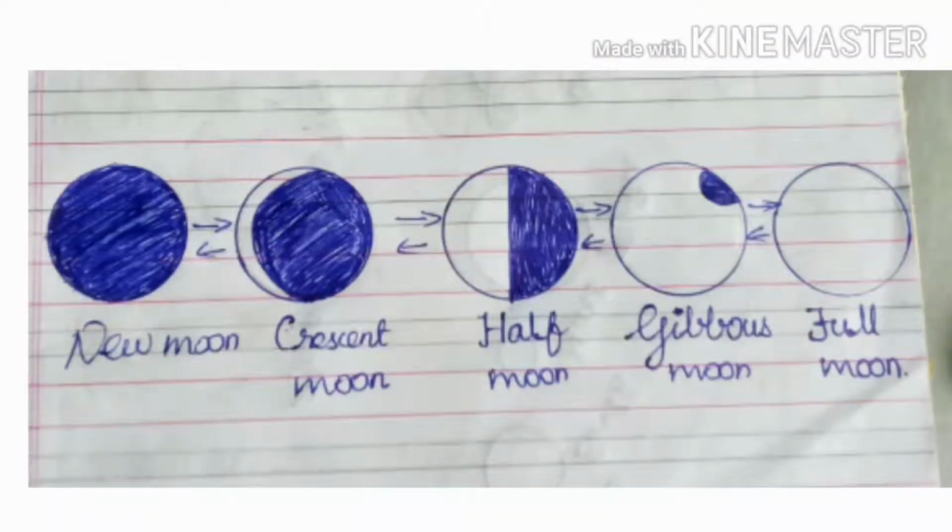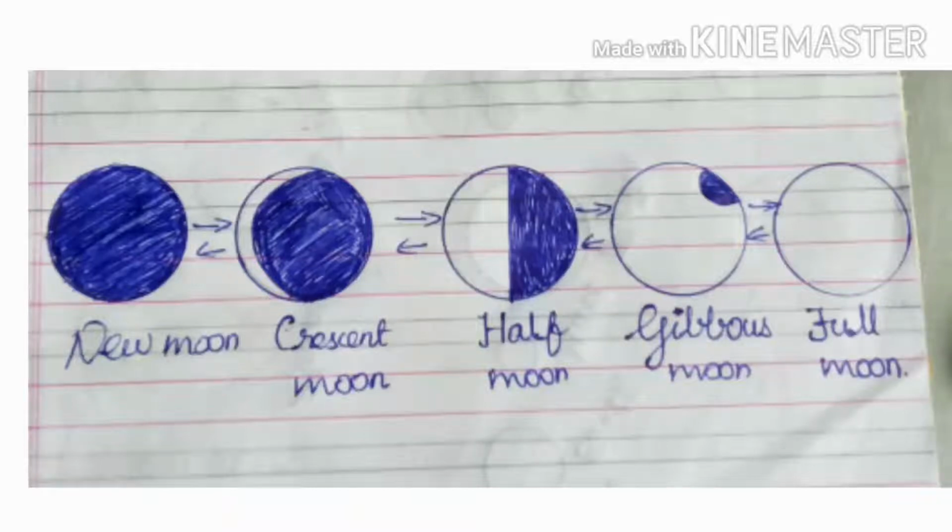The moon has different phases. Do you know what they are? New moon or no moon, crescent moon, half moon, gibbous moon and full moon.